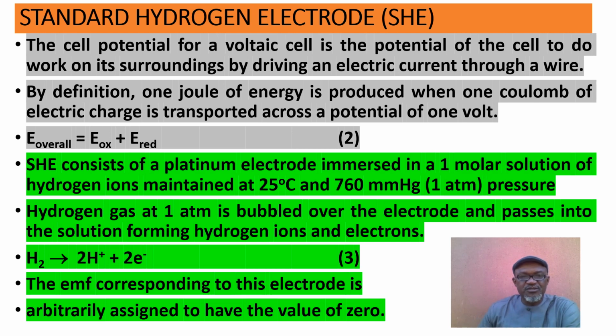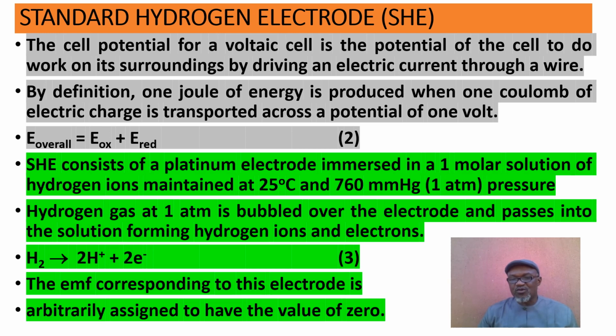By definition, 1 joule of energy is produced when 1 coulomb of electric charge is transported across a potential of 1 volt. Remember when we talked about our units and definitions in the earlier module, we said that 1 joule of energy is equal to 1 coulomb of charge multiplied by a potential of 1 volt.